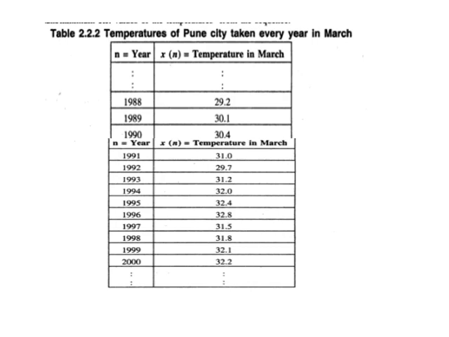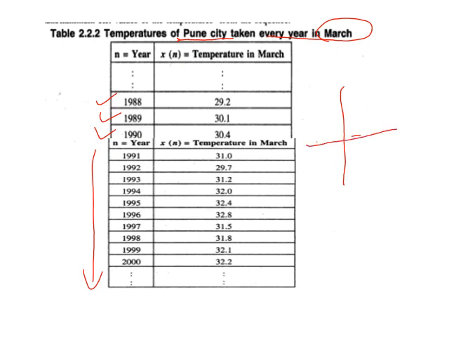Here is an example of a discrete time signal. Suppose the temperature of Pune city is recorded every year in March: at 1988, at 1989, at 1990, and so on. How do we plot the graph? At 1988, 29 degrees Celsius.